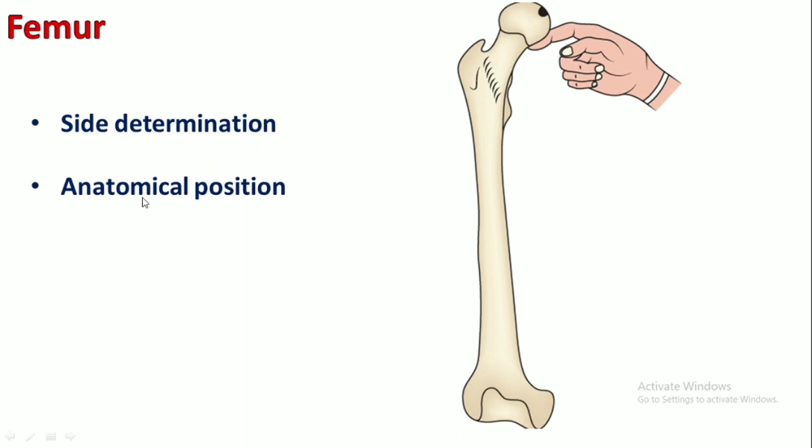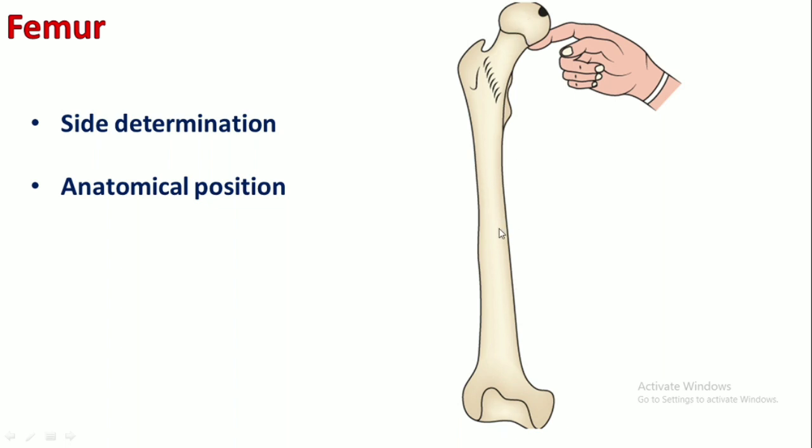For the side determination and the anatomical position, okay, so here this is a whole femur. For the side determination, you should know certain points. This is called the head of femur, that lies medially.